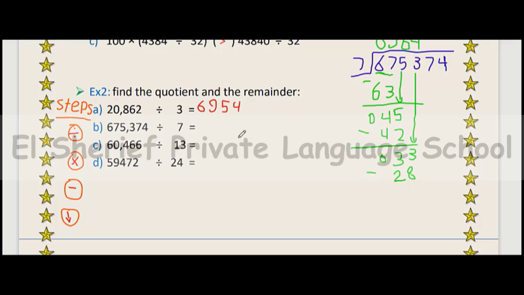Again, we have 33. After that, we start with the first step. Divide 33 divided by 7. We choose 4 because 4 times 7 equal 28, and 28 is less than 33. Okay, so 4 times 7, we do multiplication, then we do subtraction now. 3 minus 8 can't be, so borrow from 3.